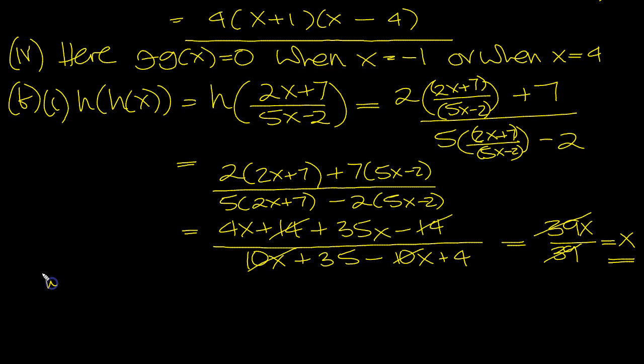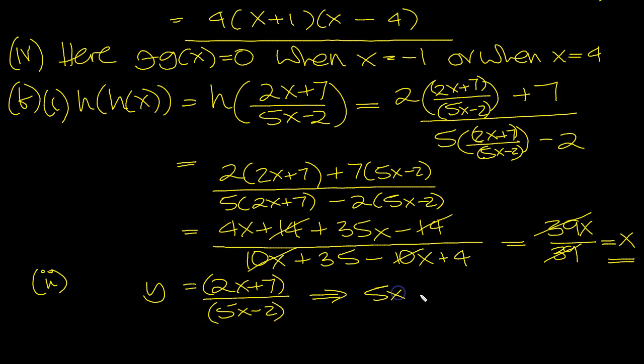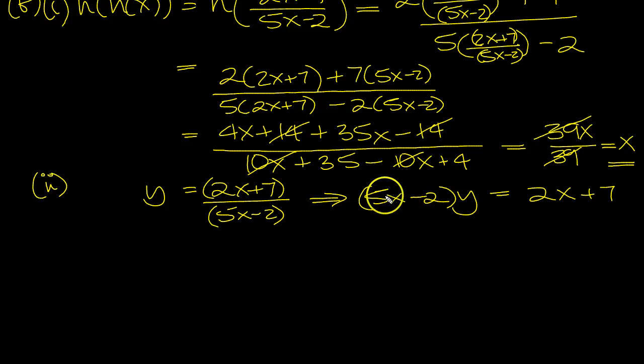Now part 2, what's the inverse, h minus 1 of x? So y is equal to 2x plus 7 over 5x minus 2. So let's move things around. Let's move this up there. 5x minus 2 times y is equal to 2x plus 7. So let's bring the x's over together.